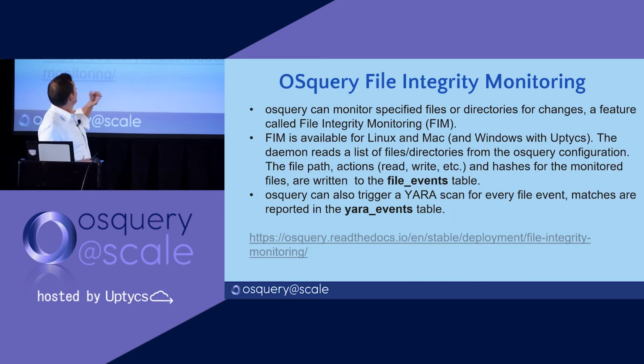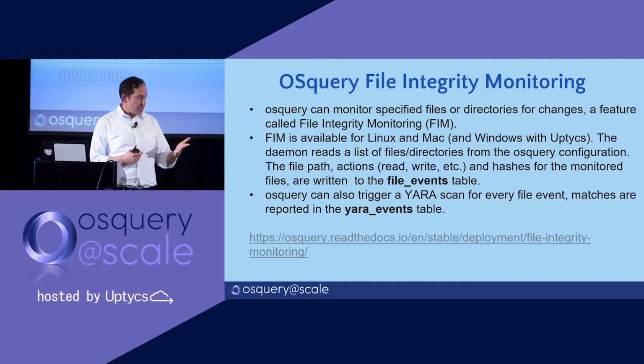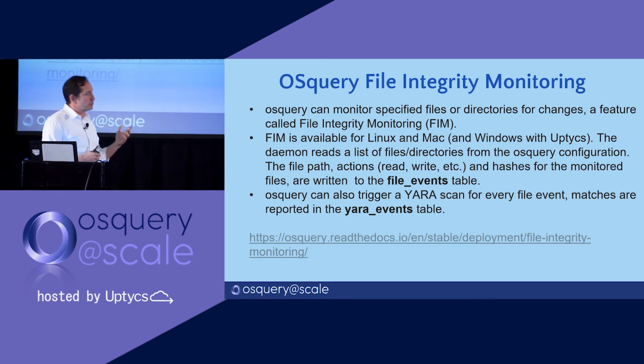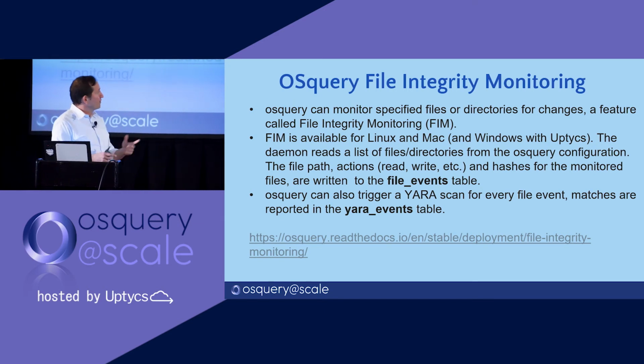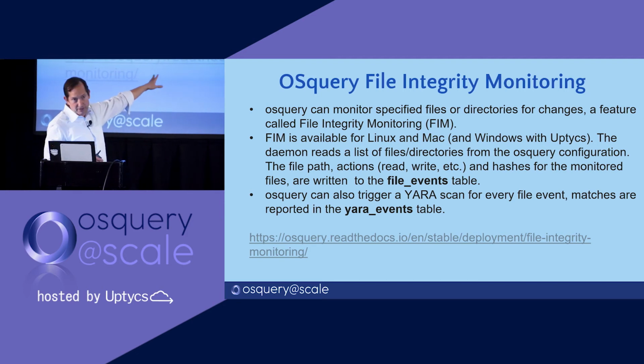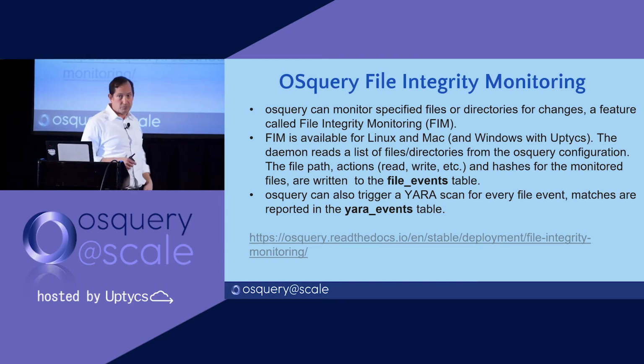So for the file integrity monitoring, we're going to turn on FIM, and then we're going to turn on a YARA config, which is just a set of rules, and you can have multiple sets of rules, and then you can map the rules to the different directories or FIM sets of files, and then you'll start getting things in the YARA events table. And you'll no longer get stuff in the file events table, just FYI.